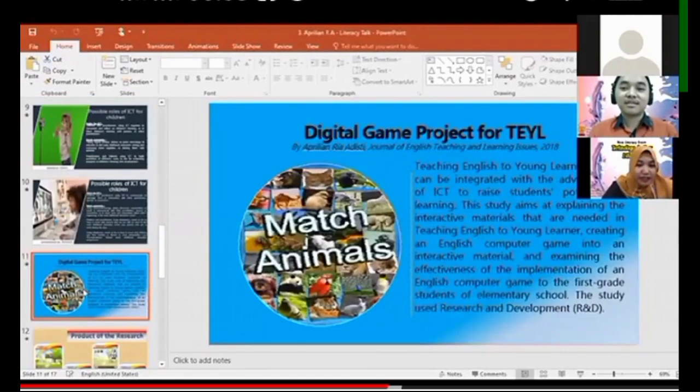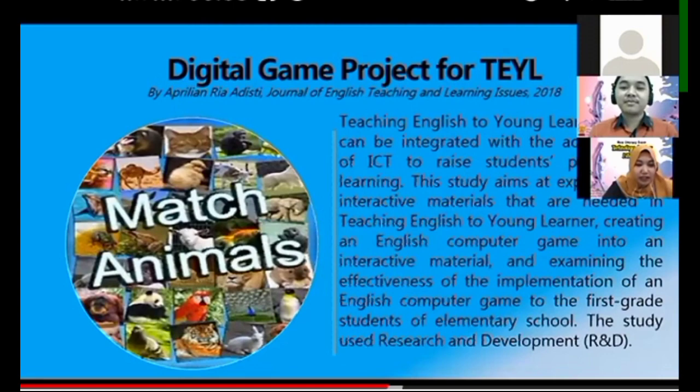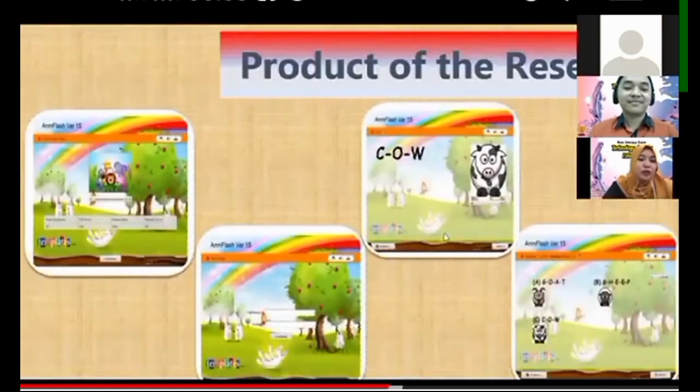Okay, maybe next until my product research article. Yes, after this 12. Okay, this one. So actually, ladies and gentlemen, and all of the audience, this is the product of my research. Since this is an English game for the first grade student of elementary school, I created very simple materials with simple instructions.